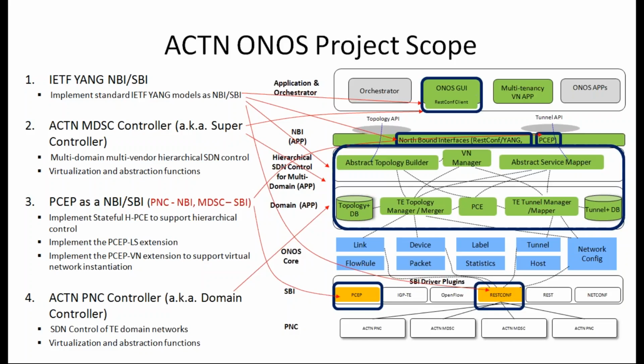All of them are defined and standardized in the IETF community, just like the IETF YANG model. And at the lowest level of the hierarchy, we will implement an ACTN PNC controller, also known as the domain controller, which is responsible for performing SDN control for traffic engineered domain networks, and also providing an abstraction layer to the supercontroller for hierarchical control.